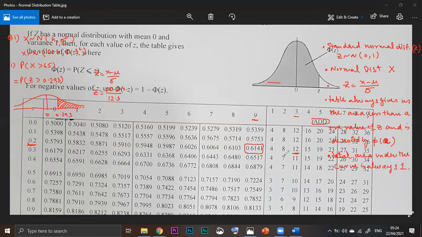We will add this 12 in the last two digits. So this will be 0.6141 plus 0.0012.